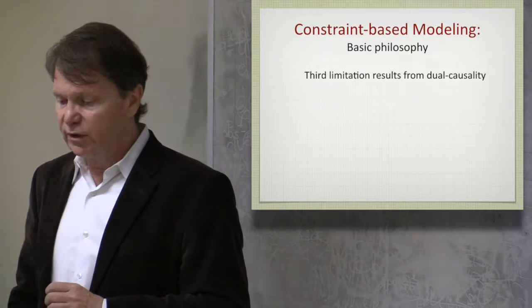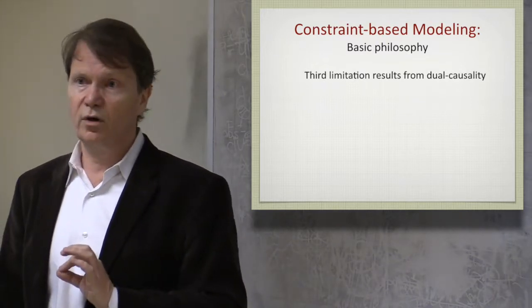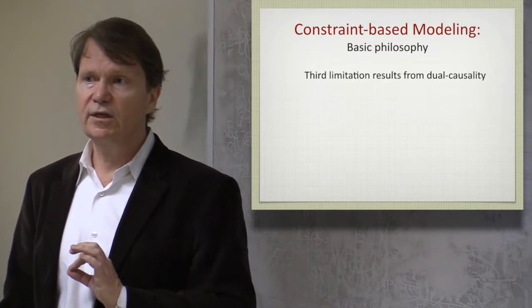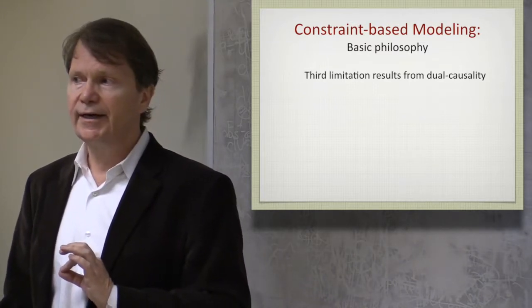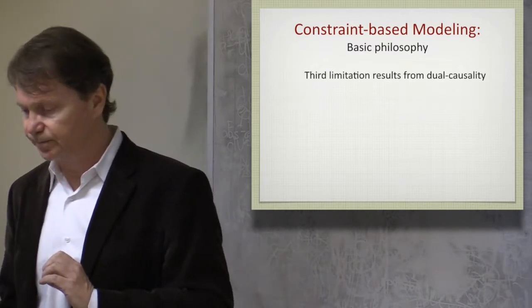So the third limitation here basically results from dual causality, this uneven parameter sets, say, between individuals in a biopopulation.